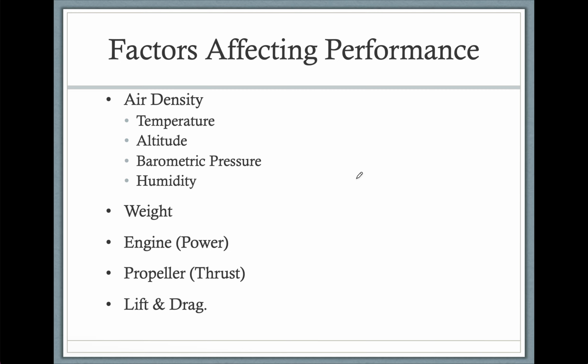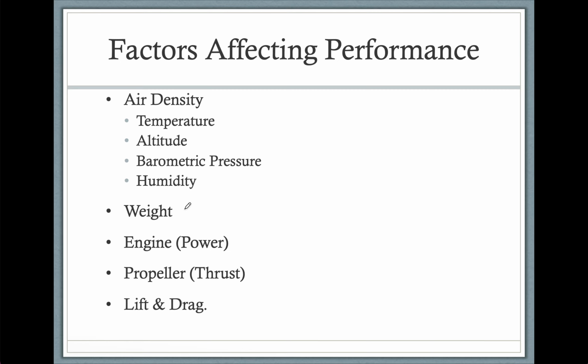So think about those, and that's why our performance charts give us options for altitude and temperature, basically to determine density altitude, so we can figure out with the decreased power and thrust what our performance is going to be. And the other thing that affects us, of course, is weight. The heavier you are, the worse you will perform. Or we say it will decrease aircraft performance.